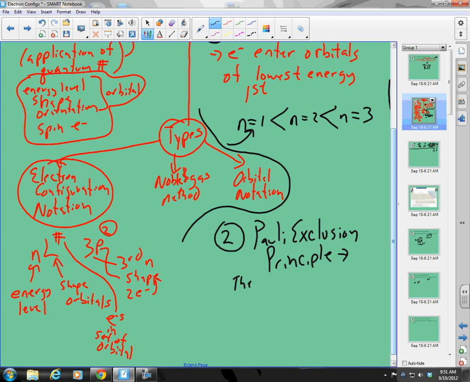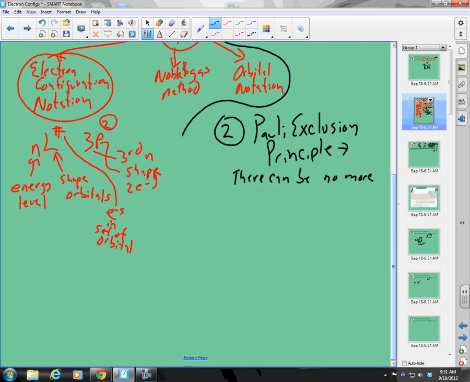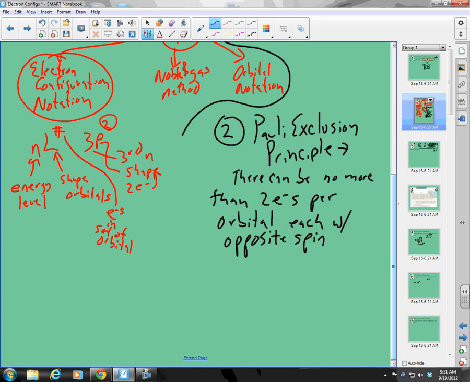There can be no more than 2 electrons per orbital, each with opposite spin. Okay, so there can only be 2 electrons per orbital.